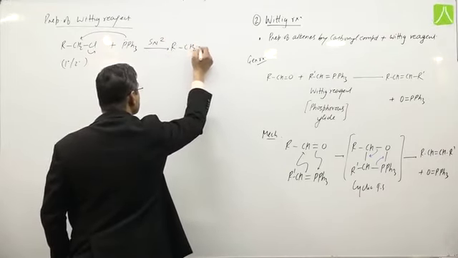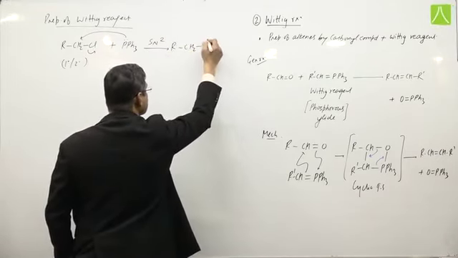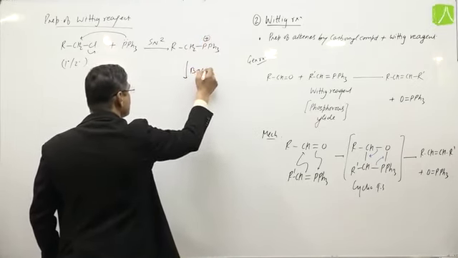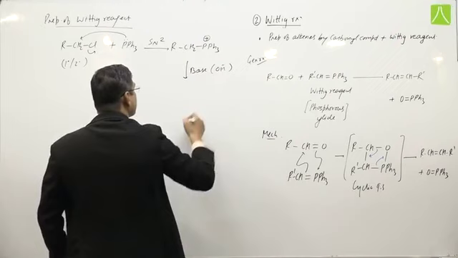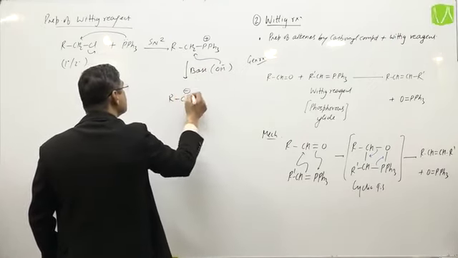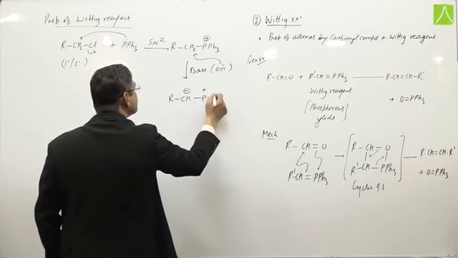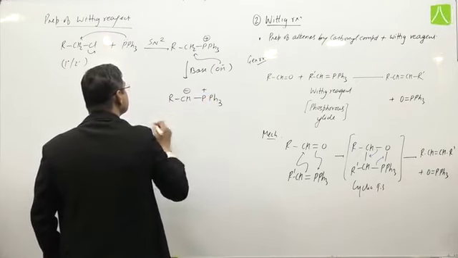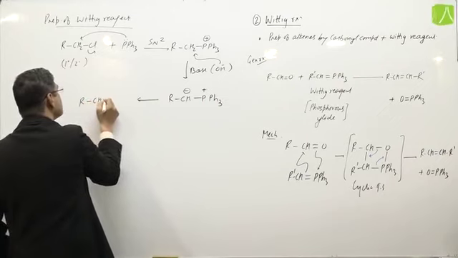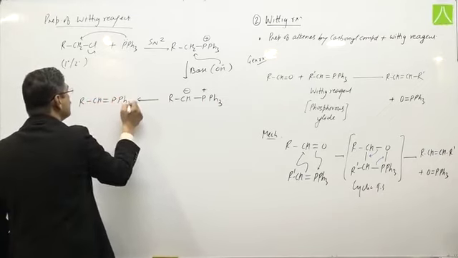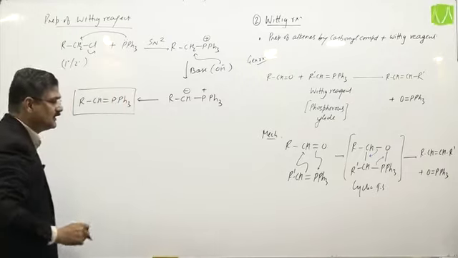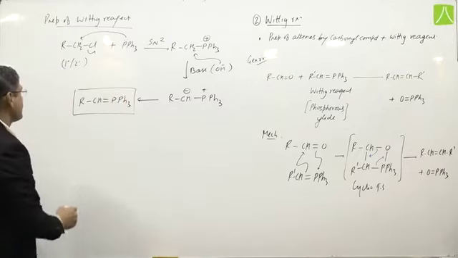So RCH2 PPh3, this is the product. In presence of base, this H is removed, so RCH PPh3. This is also written as RCH double bond PPh3. So this is the Wittig reagent or the phosphorus halide.